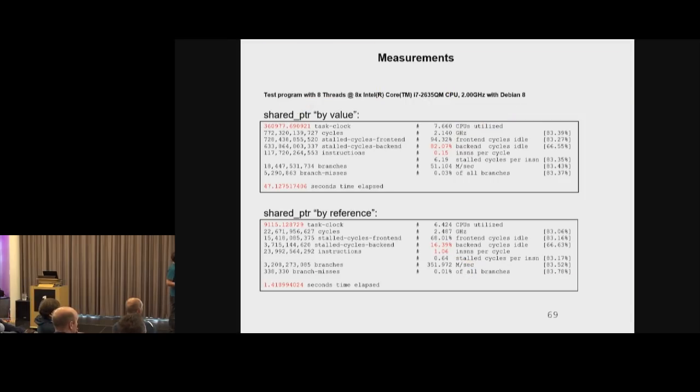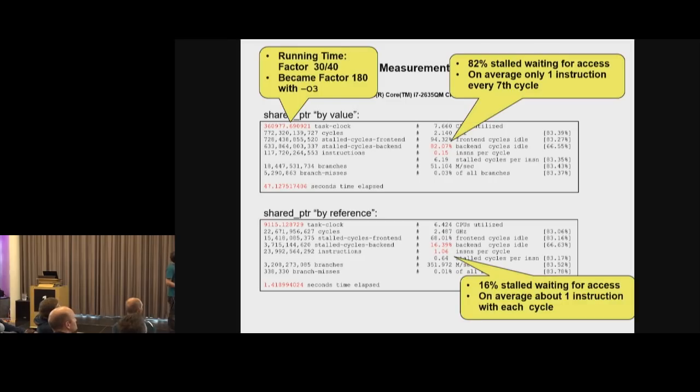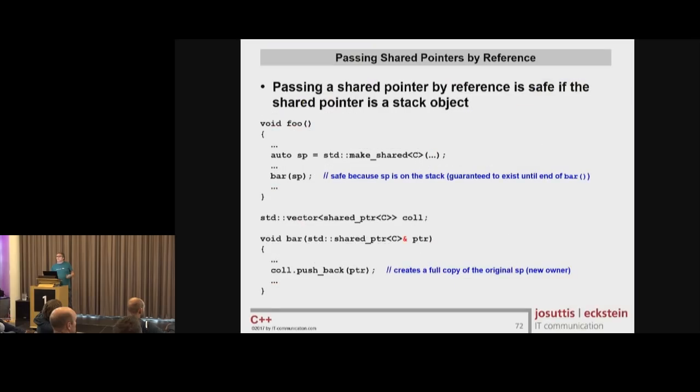This was using 8 threads on the Intel Core something, and you could see that 82% of the time the CPU was waiting to get access to an owner counter. That was the problem, so it was stalled. And if we passed the shared pointers by reference, we were only waiting 16% of the time. So that's the point with shared pointers.